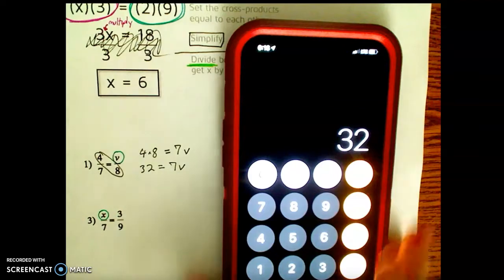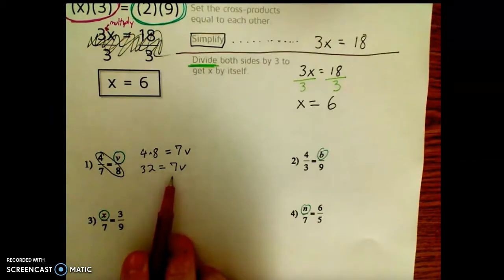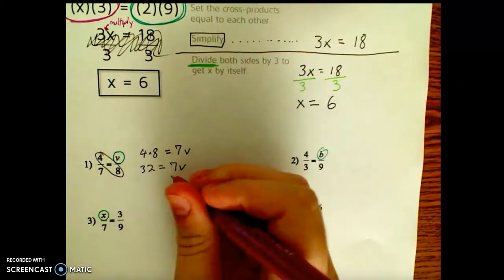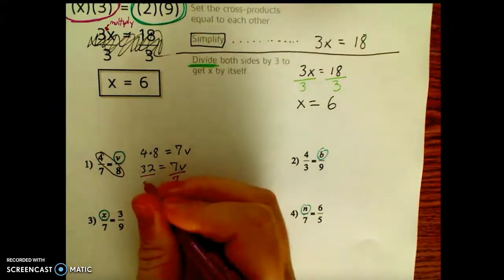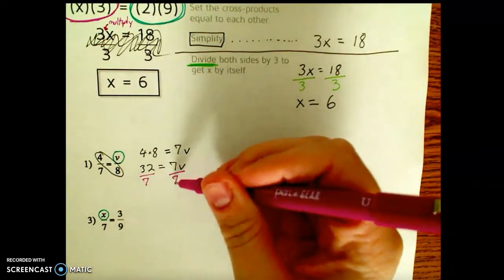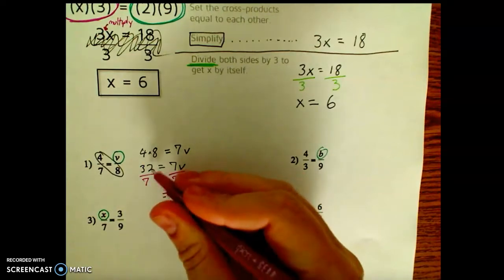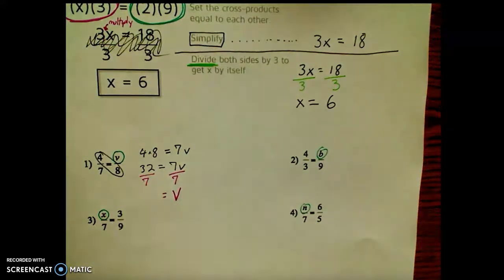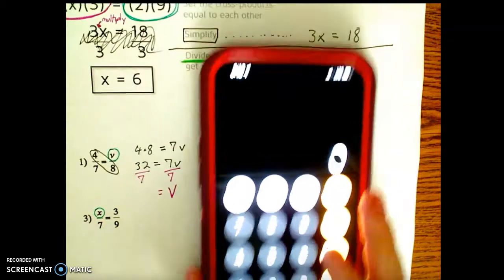I have simplified. Now, I am going to divide both sides by 3. Oh, not by 3, sorry. In this case, we're dividing by 7. Divide by 7. Divide by 7. 7v divided by 7 is 1v equals, what is 32 divided by 7?